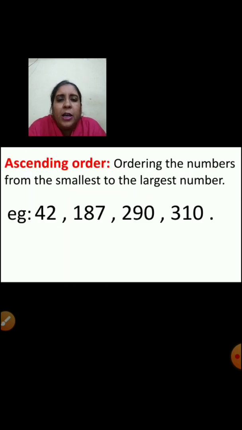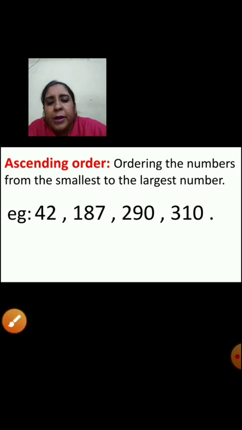Now here, ascending order. Ascending order means ordering or arranging the numbers from the smallest to the largest number. Here I have given numbers. In example you can see 42, 187, 290, 310.